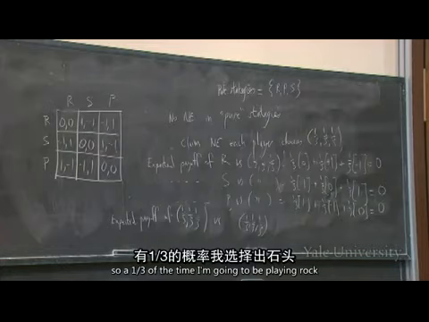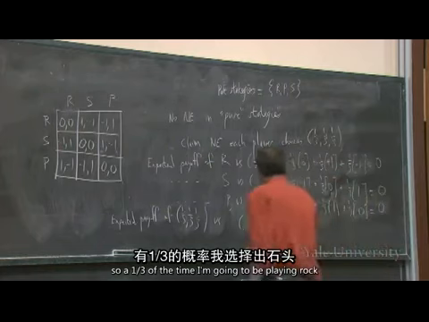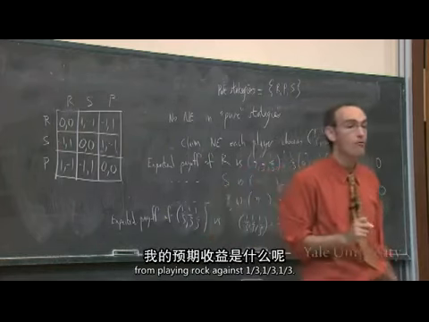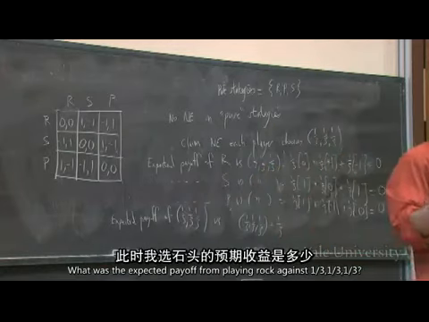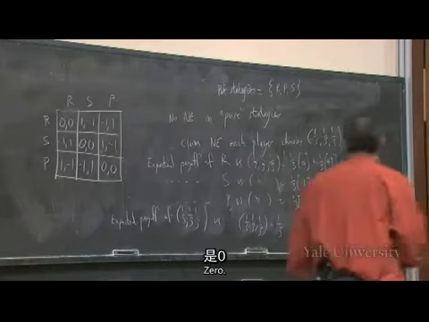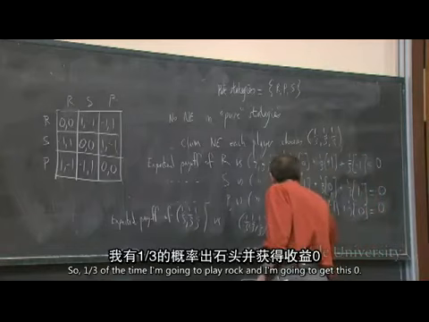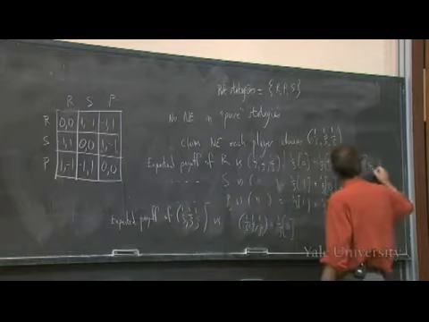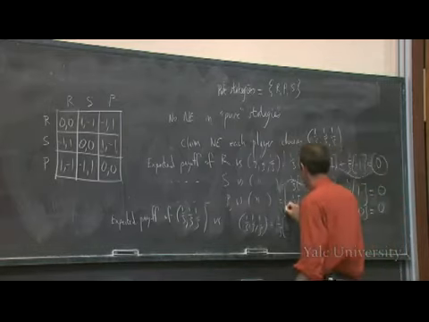So a third of the time, I'm going to be playing rock, and then I'll get the expected payoff from playing rock against a third, a third, a third. What was the expected payoff from playing rock against a third, a third, a third? 0. So a third of the time, I'm going to play rock, and I'm going to get this 0, and I'm wishing I had color. Let me just do it without colors messily.